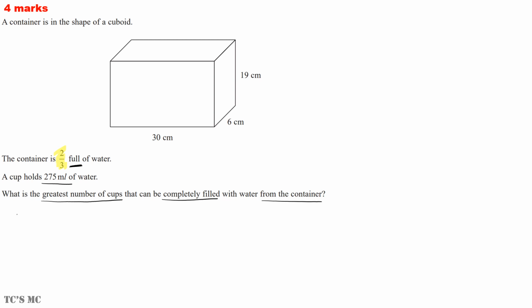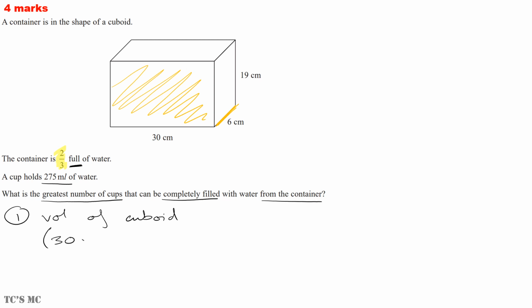Step 1, we need to work out the volume of the cuboid. For volume of a cuboid, we need to do the cross-section area multiplied by the length. In this one, the cross-section is 30 multiplied by 19, multiplied by the length, which is 6.